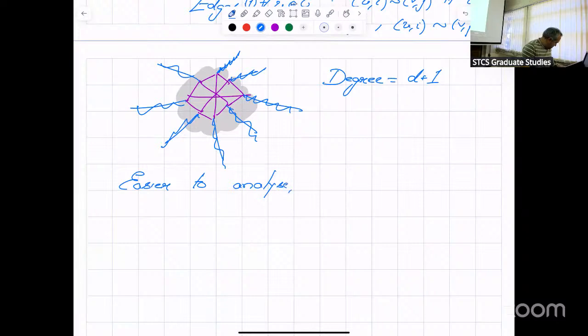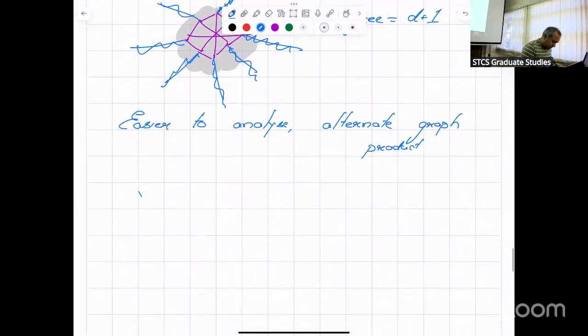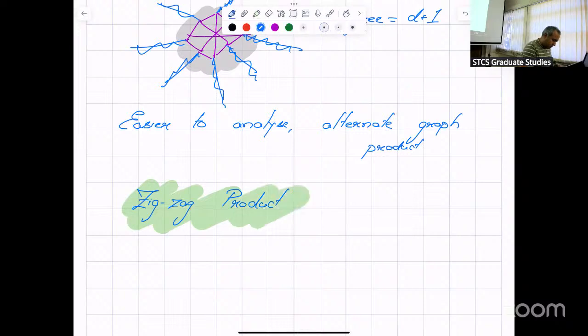It is an alternate graph product, very much inspired by the replacement product. It's called the zigzag product, and that's going to be the main tool we're going to use to construct things over here.